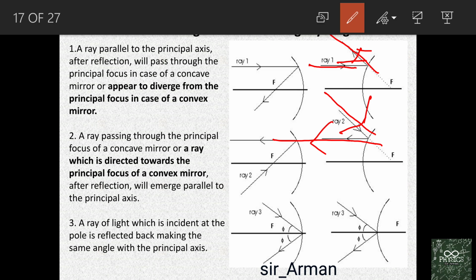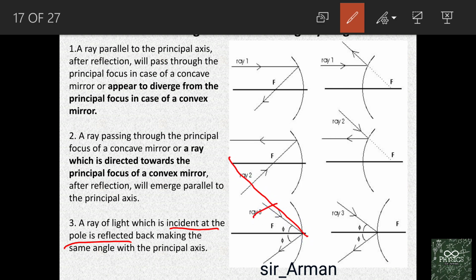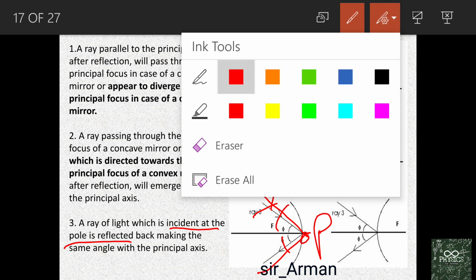Now, in the third rule, the ray which is incident at the pole will reflect making the same angle with the principal axis. It is similar for both cases. Here, if the ray is incident at the pole, then after reflection, at whatever angle it is incident, it will go with the same angle.